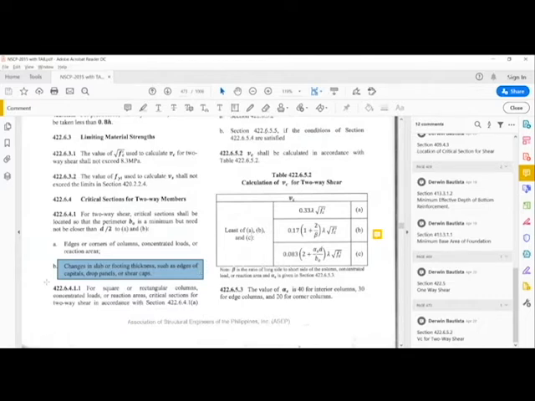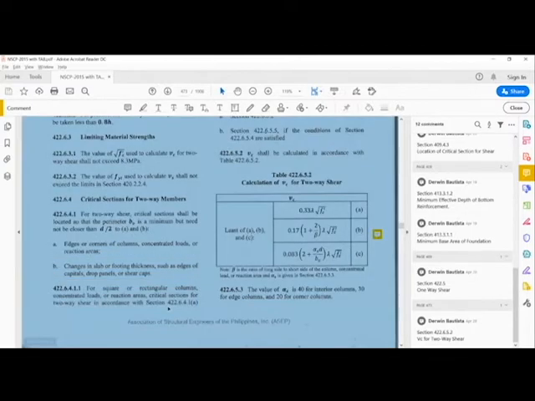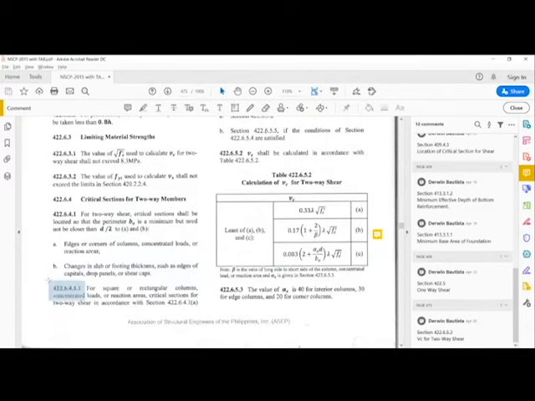See 422.6.4.1.1: for square or rectangular columns, concentrated loads, reaction areas, critical section. Okay? So this one again.